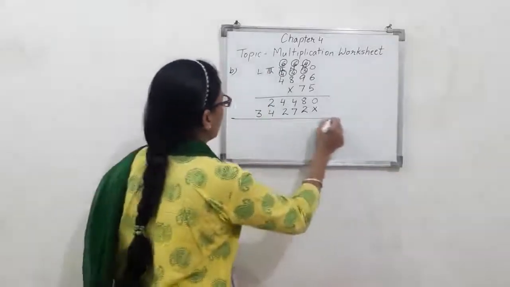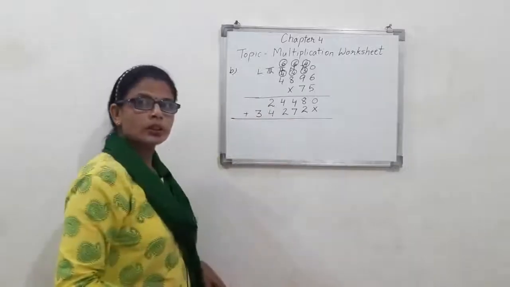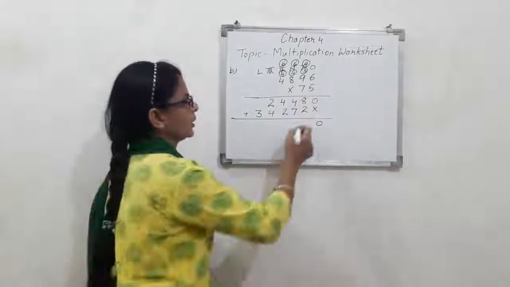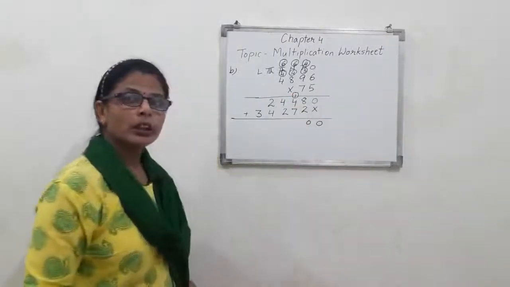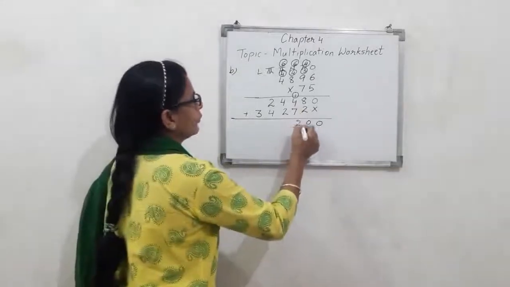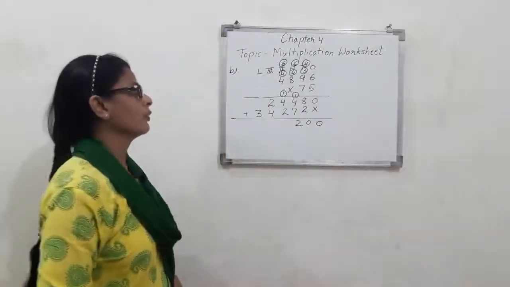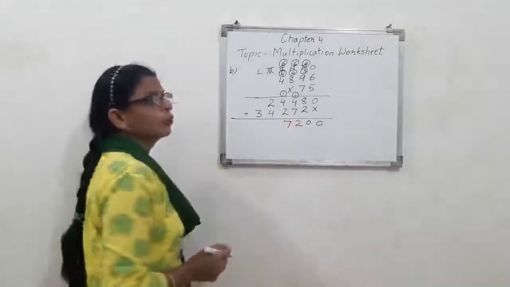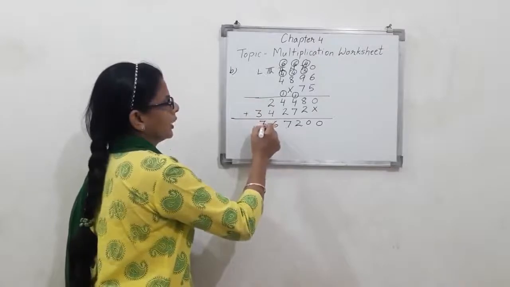Now we have to add them. 0 plus cross is 0 only. 8 plus 2, 10. 0, 1 will be carried on the 100 place. 4 and 1, 5. 5 plus 7, 12. 2, 1 will be carried on 1000 place. 4 and 1, 5. 5 and 2, 7. 4 and 2, 6. And 3 on the lakh place.